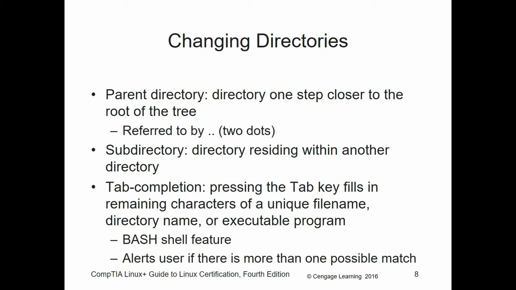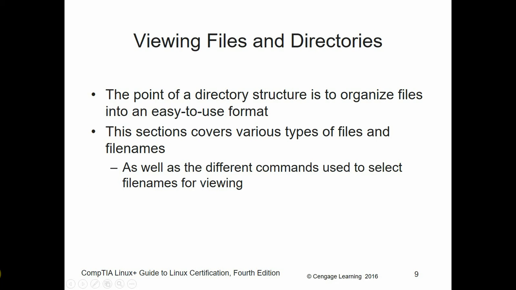Subdirectory: a directory residing within another directory. Tab completion: pressing the Tab key fills in the remaining characters of a unique file name, directory name, or executable program. For example, the bash shell features this.